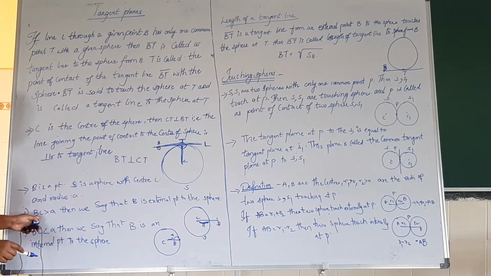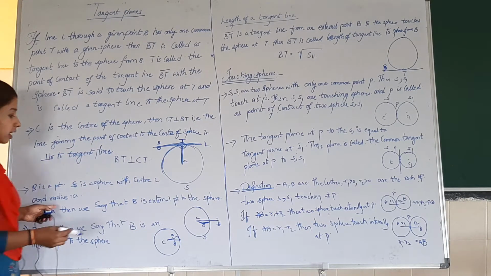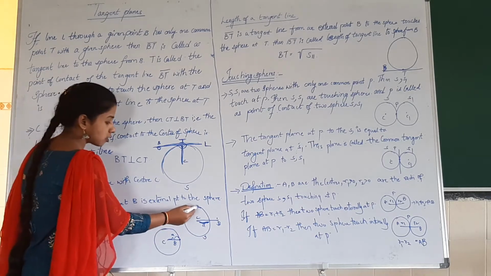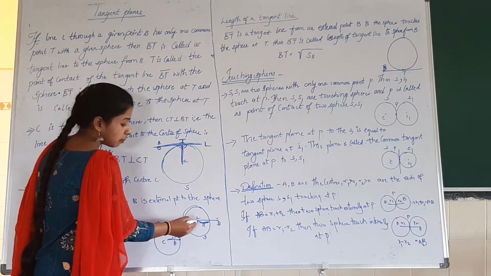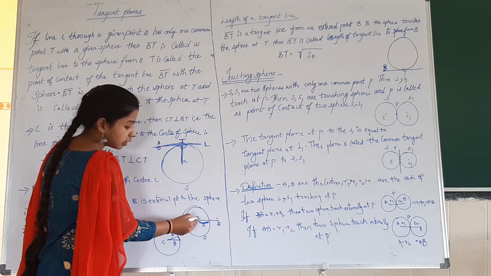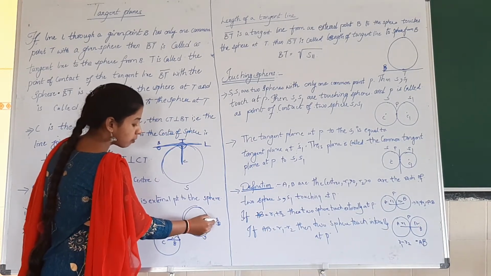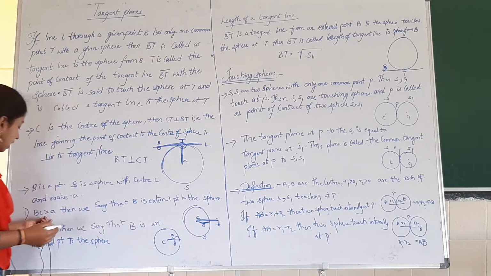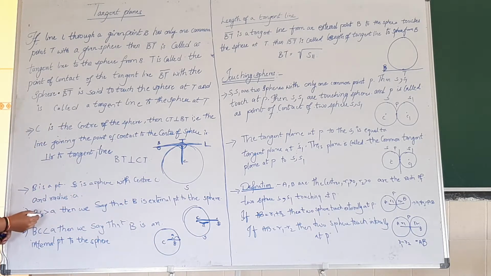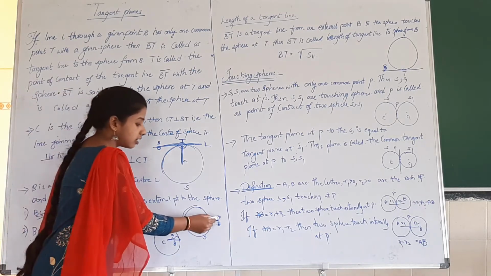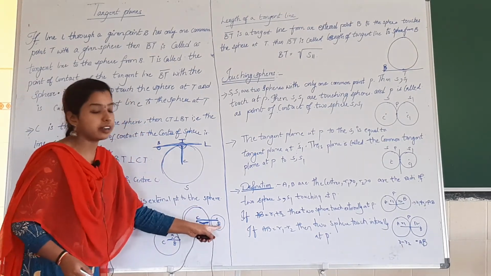If BC is greater than A, where A is the radius of the given sphere, that is, if the distance between C and B is greater than the radius, then we can say that B is an exterior point.